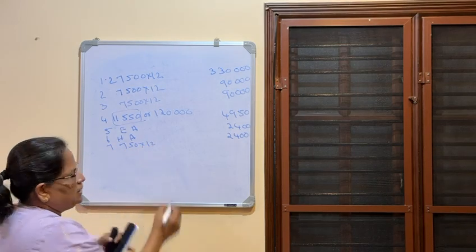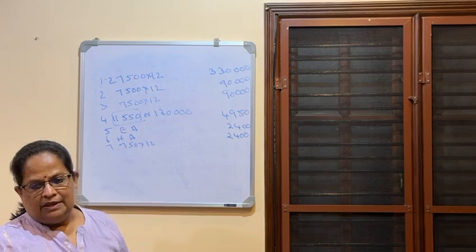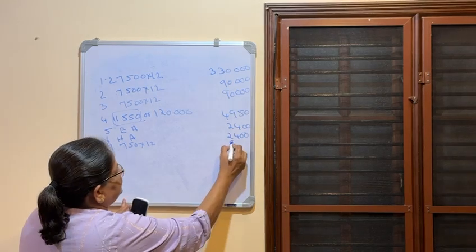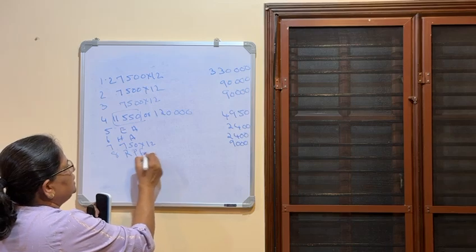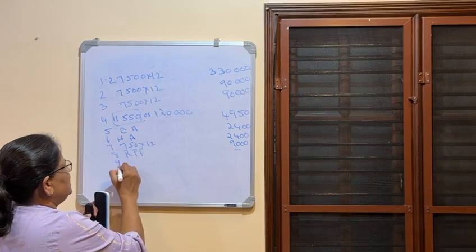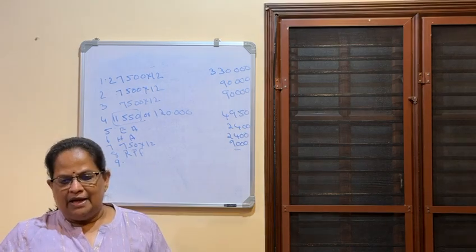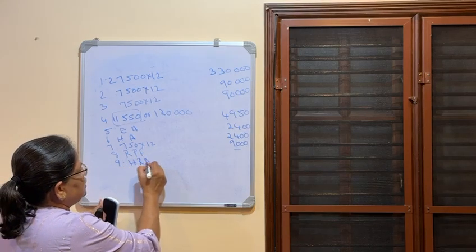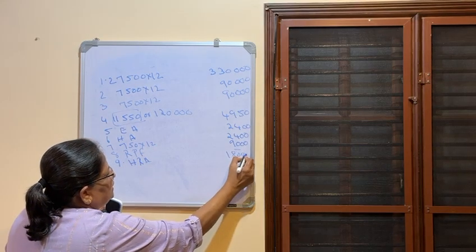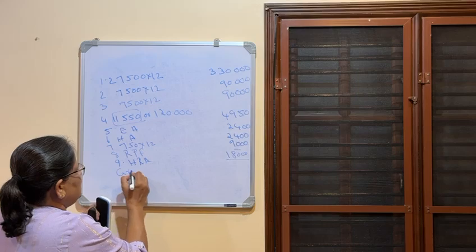The value is 9,000. RPF, it is not there because it's not exceeding the limit. HRA value we calculated already. HRA is 18,000.